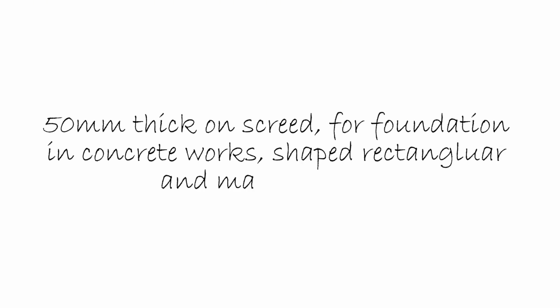If you want a grammatical method of description, you can say 50 millimeters of thickness on screed under the foundation section for concrete works with the shape of rectangular mass concrete. So you can just rearrange the order and make it grammatically correct, and that is also a correct description method.